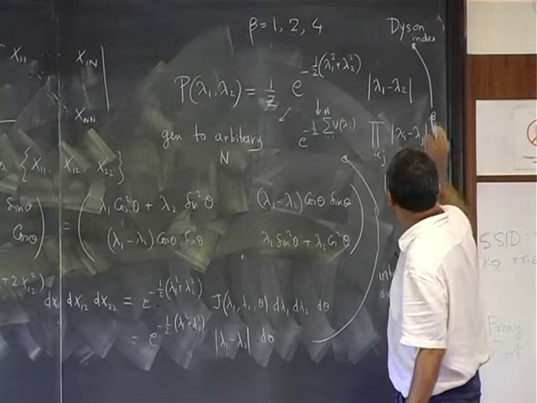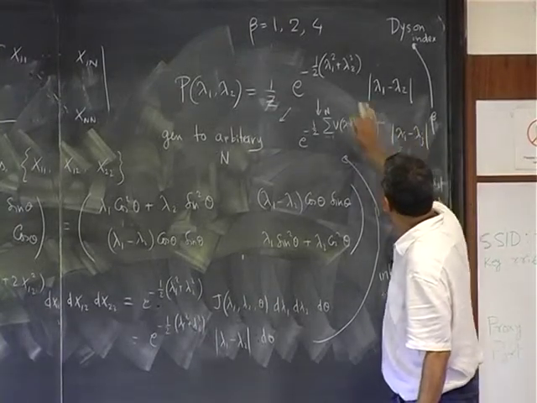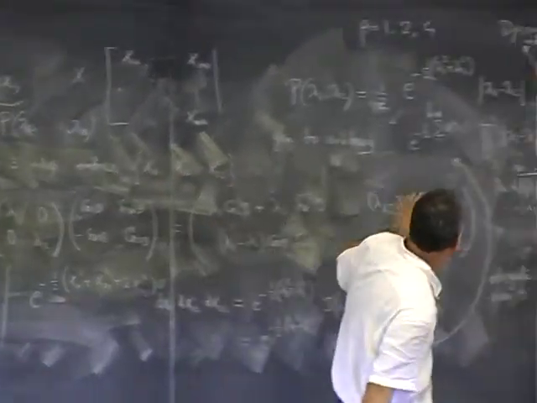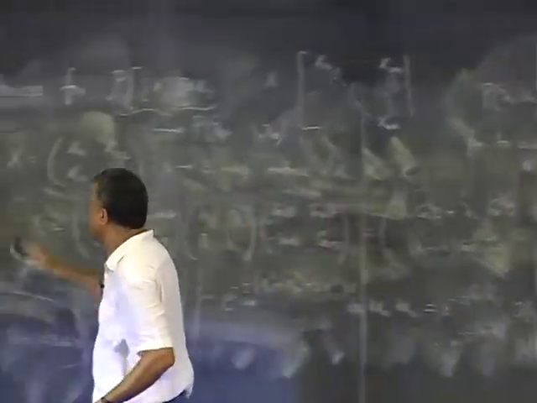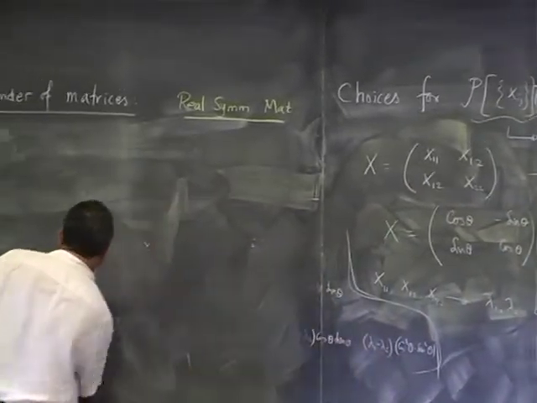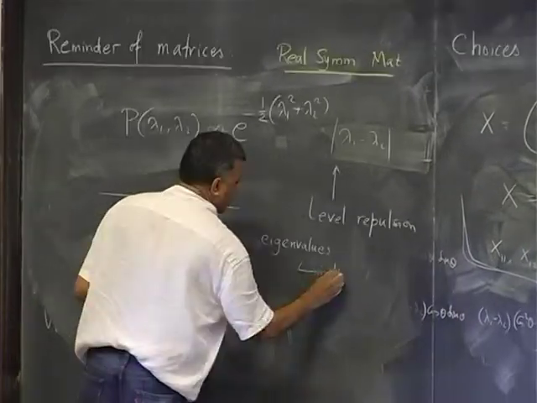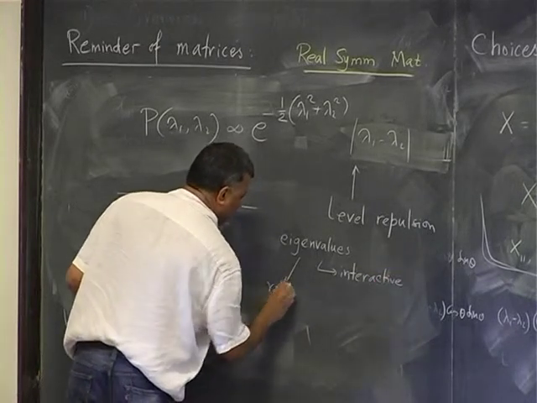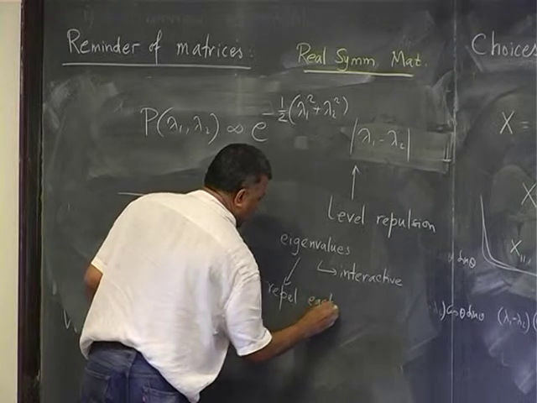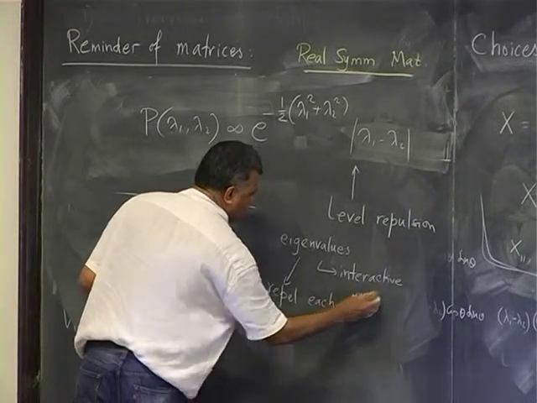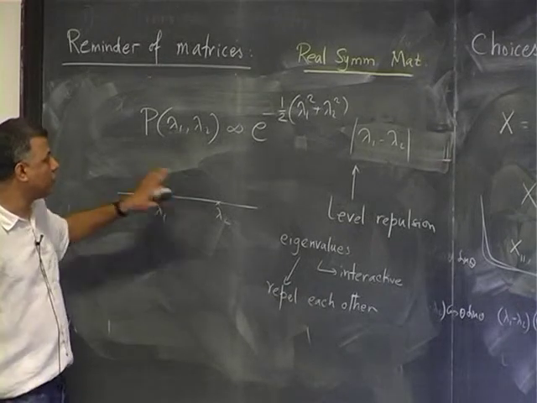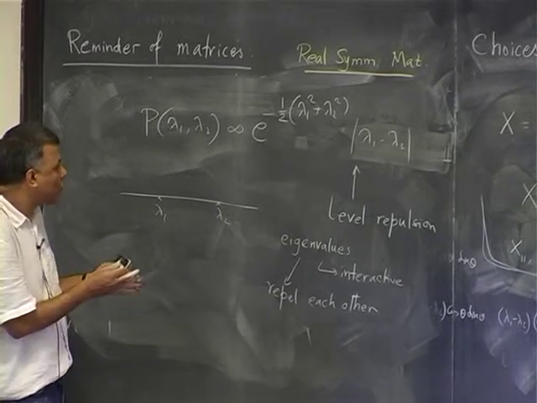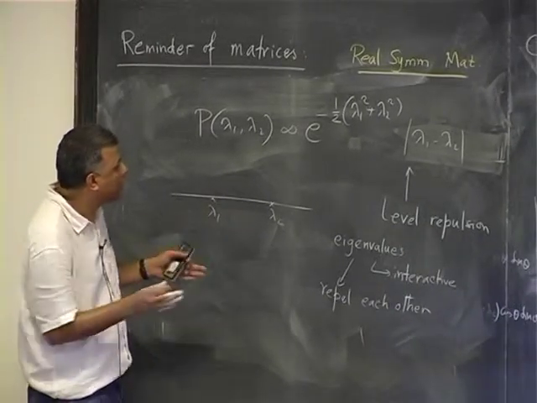Okay? And so I'm going to prove this for general n tomorrow, but just with one comment, I just finish this lecture. What you find, and we'll see that tomorrow in the general n case, is that the eigenvalues behave like charged particles with a Coulomb repulsion, and I'll explain that in more detail.